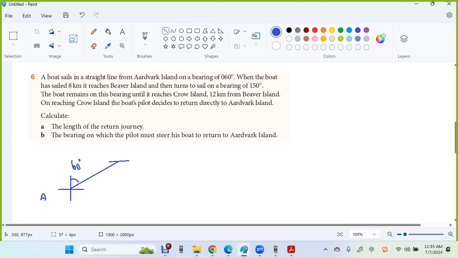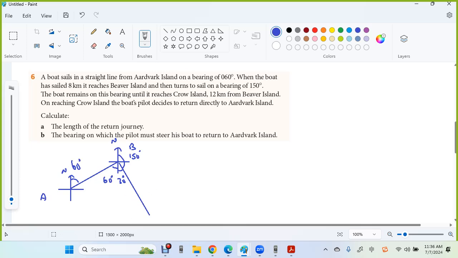And we reach B. So this is B, and this is 60 degrees. This is N here. And a bearing of 150 will be here. This is 150. Then this one will be 30.